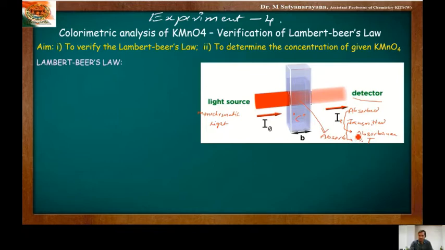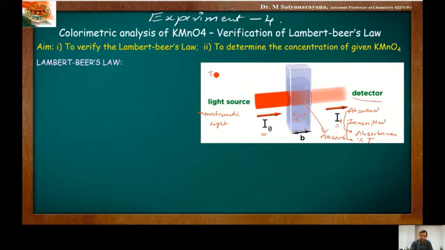This is how we get how much light is absorbed and how much is transmitted. Here the intensity of incident light is I0. The intensity of transmitted light is IT.